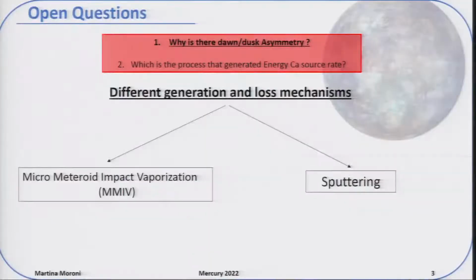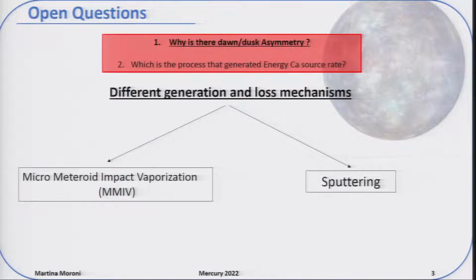For this reason, we can see that there are some open questions. The first is why there is this dawn-dusk asymmetry that we can observe in the calcium exosphere, and also which process generated this energetic calcium.